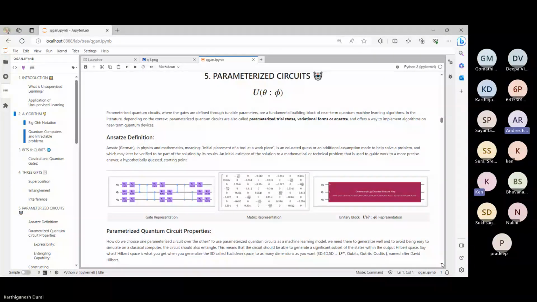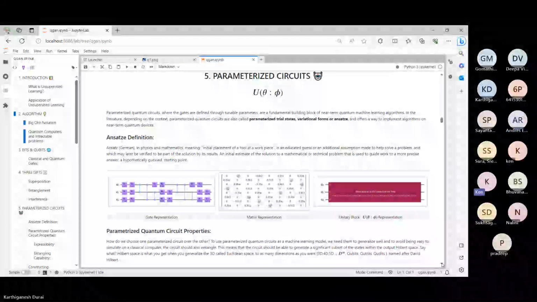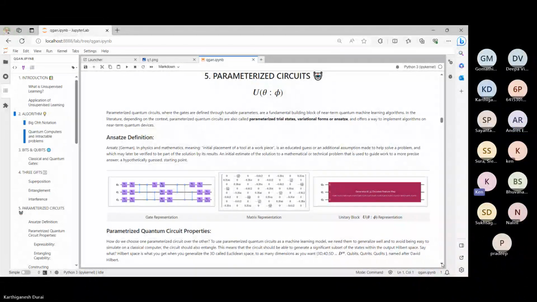And these parameterized circuits come in a few forms. We could have the gate representation where we actually see the individual gates and the entanglement. We could also represent that entire gate representation form as a matrix. That matrix would mean it's the entire gate layout here, but just as numbers.